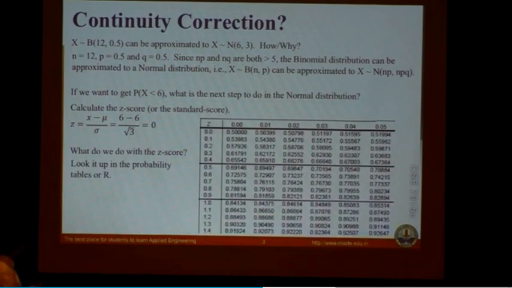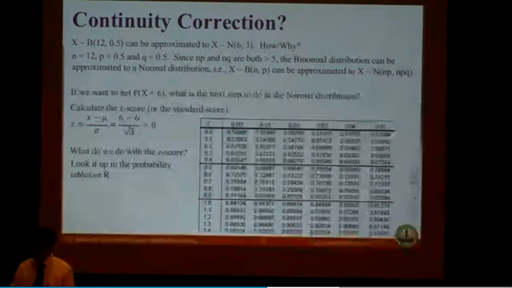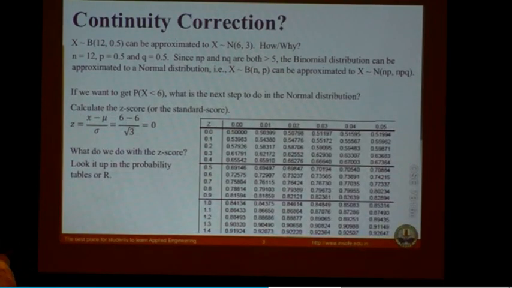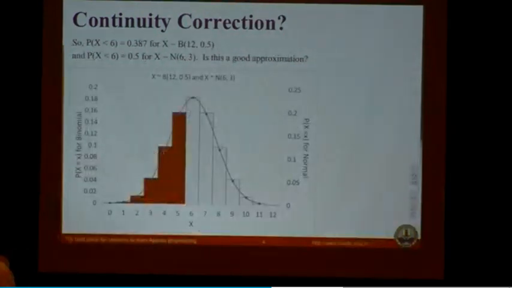Or if you don't know what to do with that, you look up the Z table. Z score of 0, 50% area to the left. That's interesting because when we did binomial, we got x less than 6 as 38.7%.